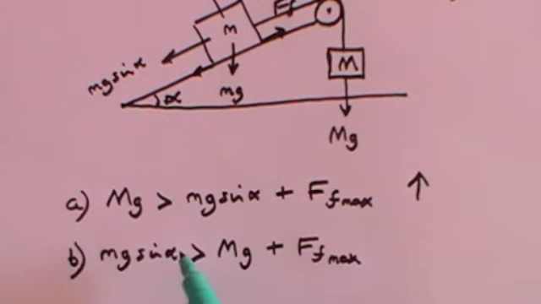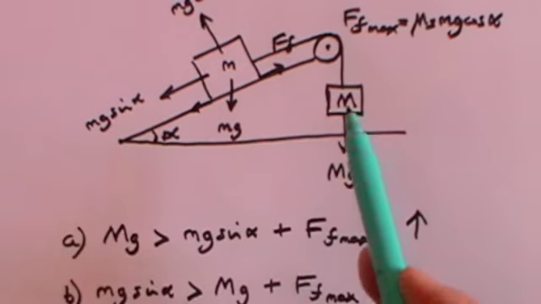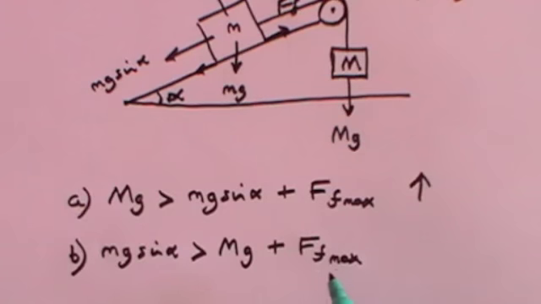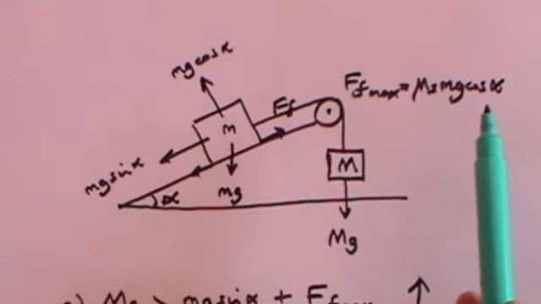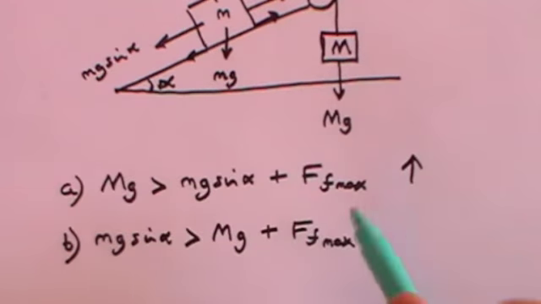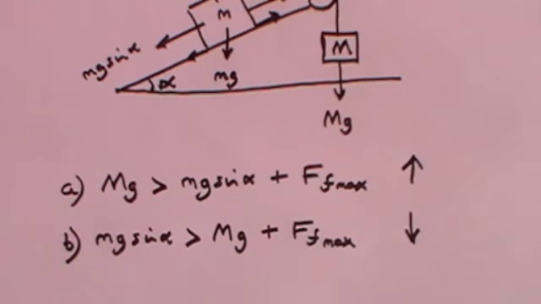And if therefore the downward force is greater than the mass plus the frictional force, and again the frictional force maximum is going to be mu s mg cosine alpha, if that is the case, then the block will move down the plane.